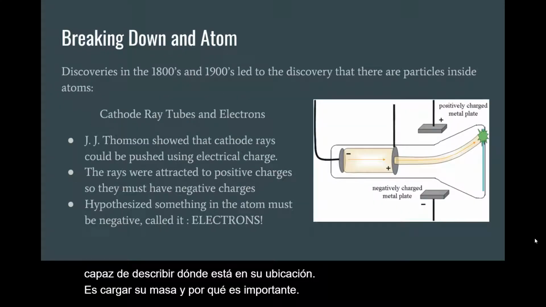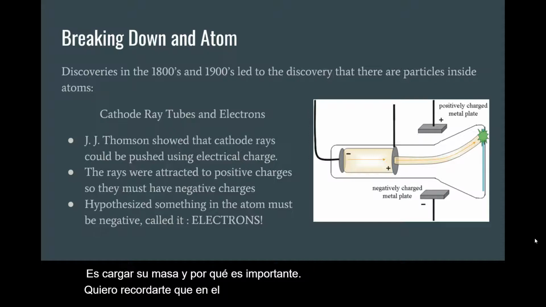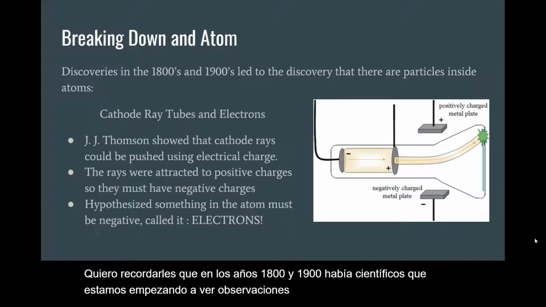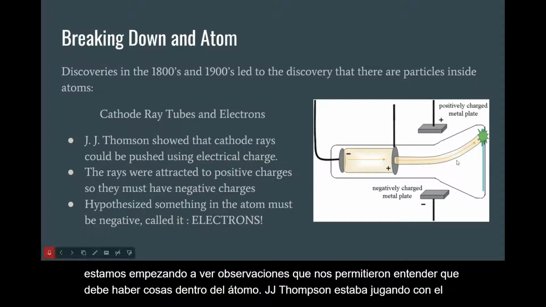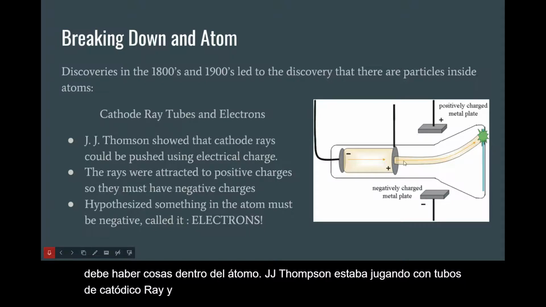I want to remind you that in the 1800s and 1900s, there were scientists that were starting to see observations that allowed us to understand that there must be things inside the atom. J.J. Thomson was playing with cathode ray tubes and found that he could bend the path of the ray by using electrical charges on the outside of the tube.